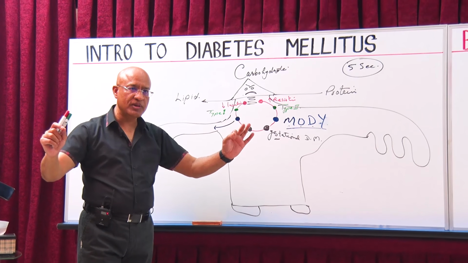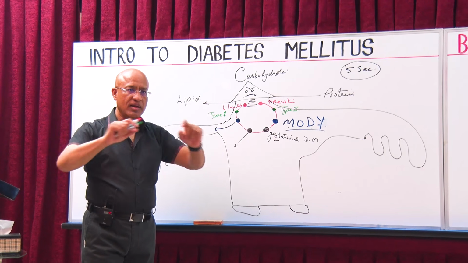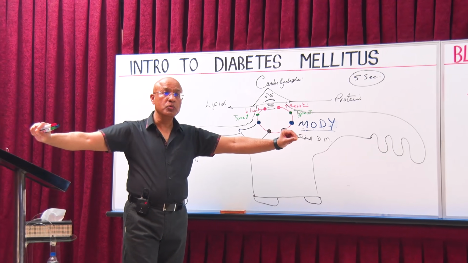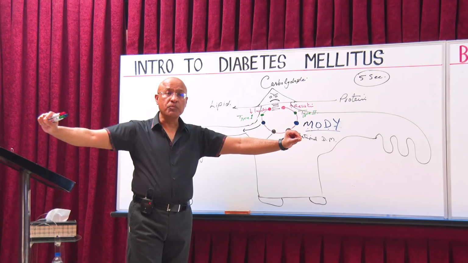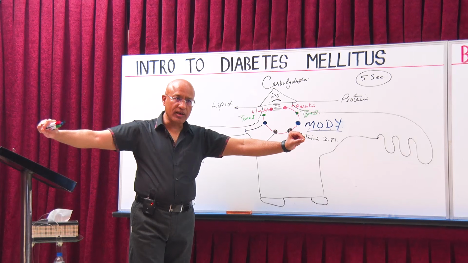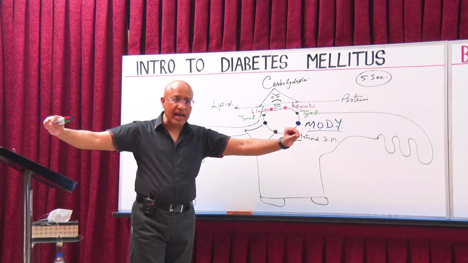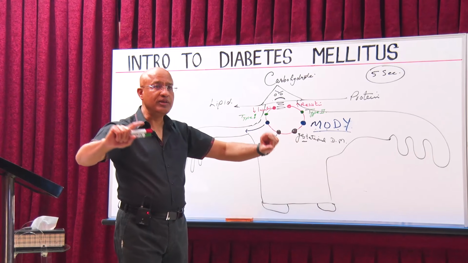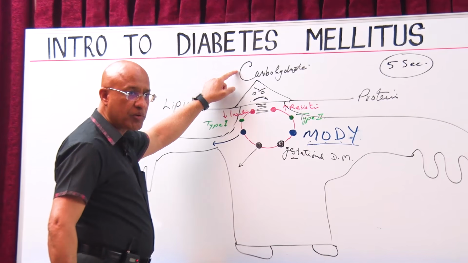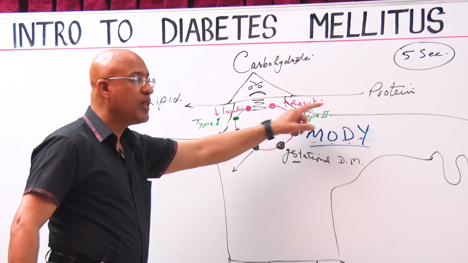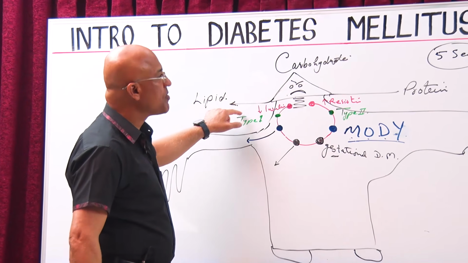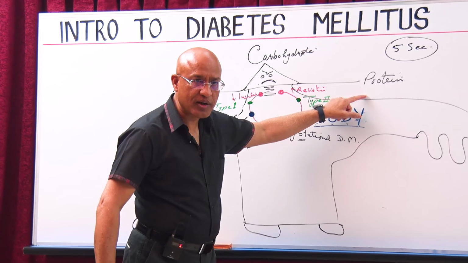But up to now, what is diabetes? It's a group of metabolic diseases. The common thing is hyperglycemia due to decreased production or decreased action of insulin or any combination of this, and eventually it disturbs not only carbohydrate metabolism but protein and lipid metabolism also, and I will definitely explain these things later.